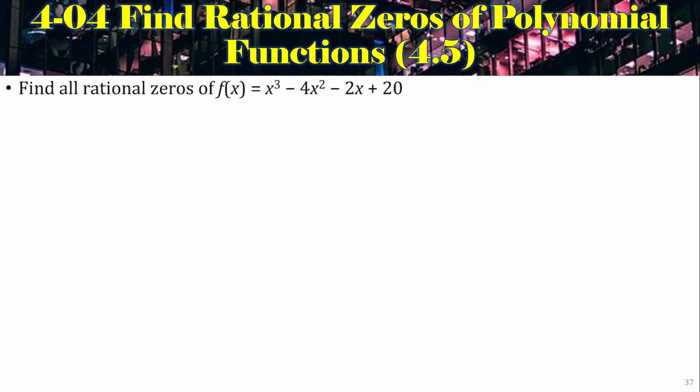All right, find all the zeros of this function. Now I'm not given any factors, so we're going to do p's and q's. So p's are factors of the 20, which would be 1 times 20, 2 times 10, 4 times 5.